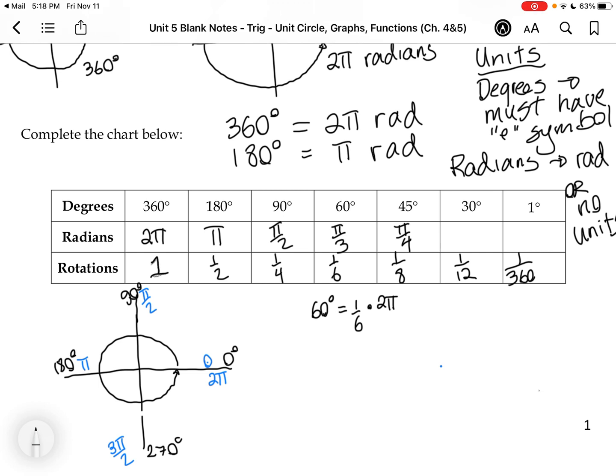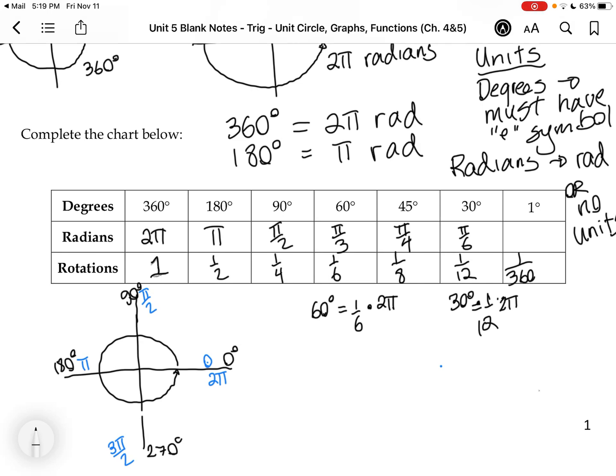Okay, 30 degrees is 1/12 of a rotation, 1/12 of 2 pi. So that's 2 pi over 12, pi over 6.